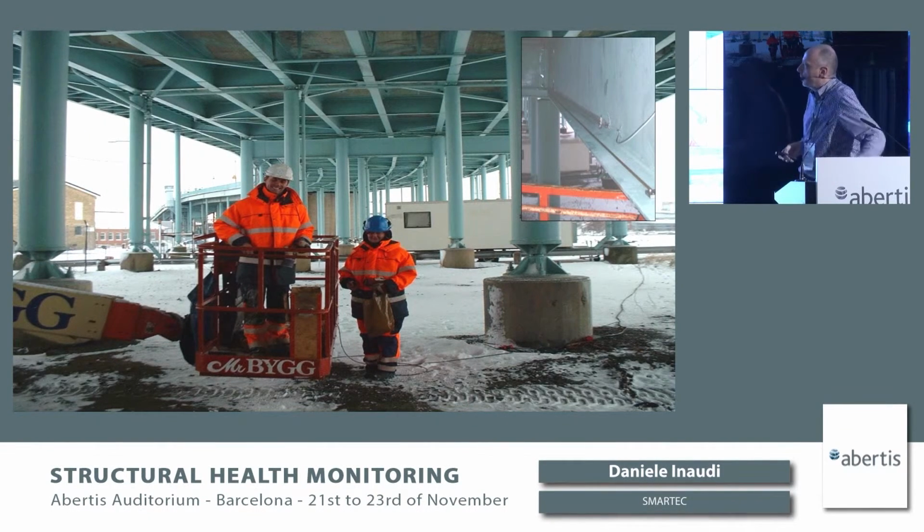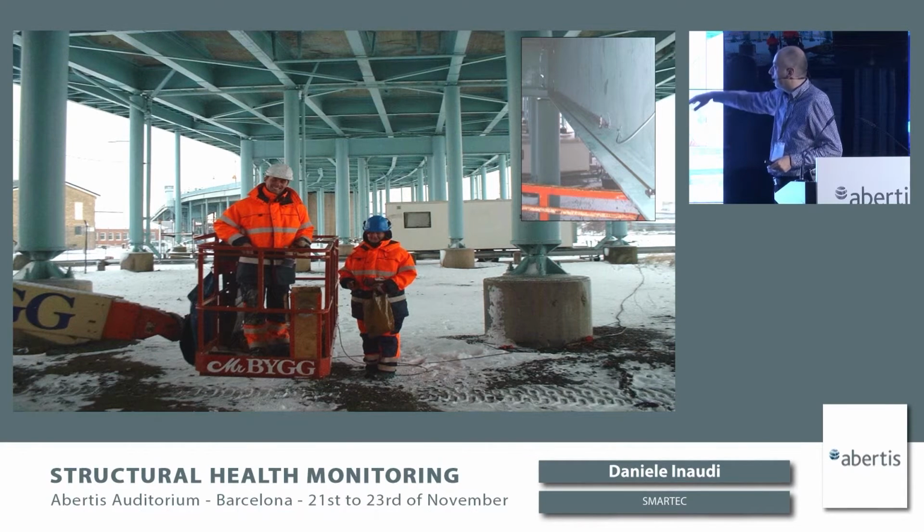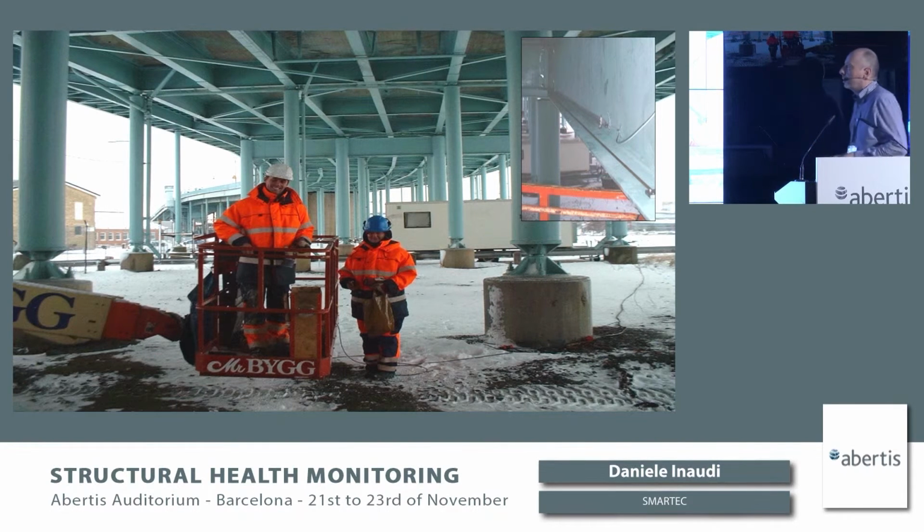Here you see how we approach this problem. The cracks are typically appearing on the lower flange of the beams. So we install these distributed fiber optic sensors, and when a crack appears, they pick up a peak of strain, and they can then localize and alert the owner about the onset of this crack.